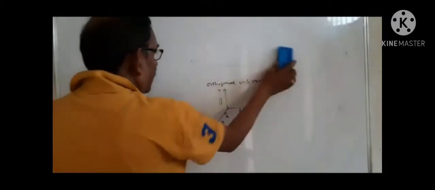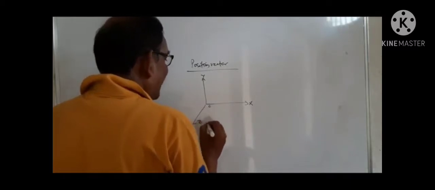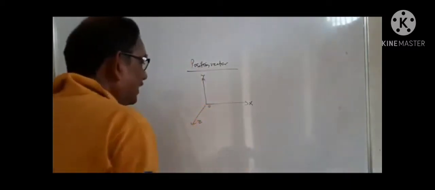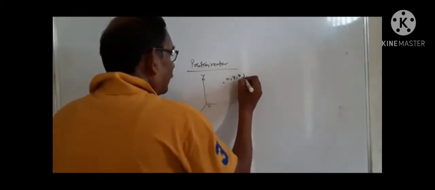Now come to position vector. What is a position vector? Suppose a particle is here at a distance x, y, z from the x-axis, y-axis and z-axis. It is represented like this: x, y, z.